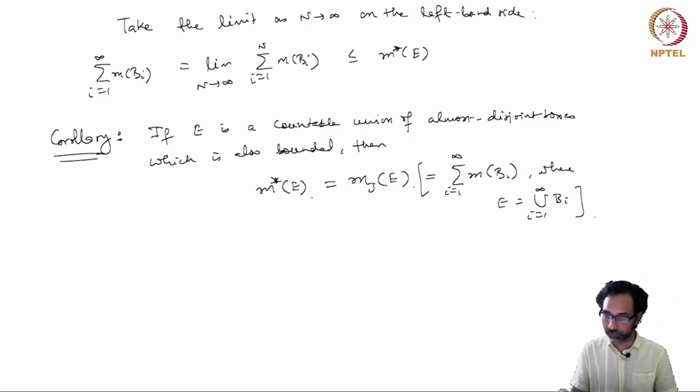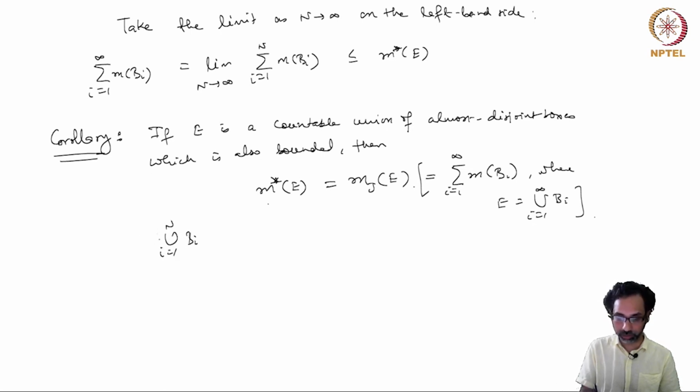Of course we have shown that the Lebesgue outer measure is equal to this sum. To show that the inner Jordan measure is also equal to this sum, we can again apply this to the finite unions, i equal to 1 to n.